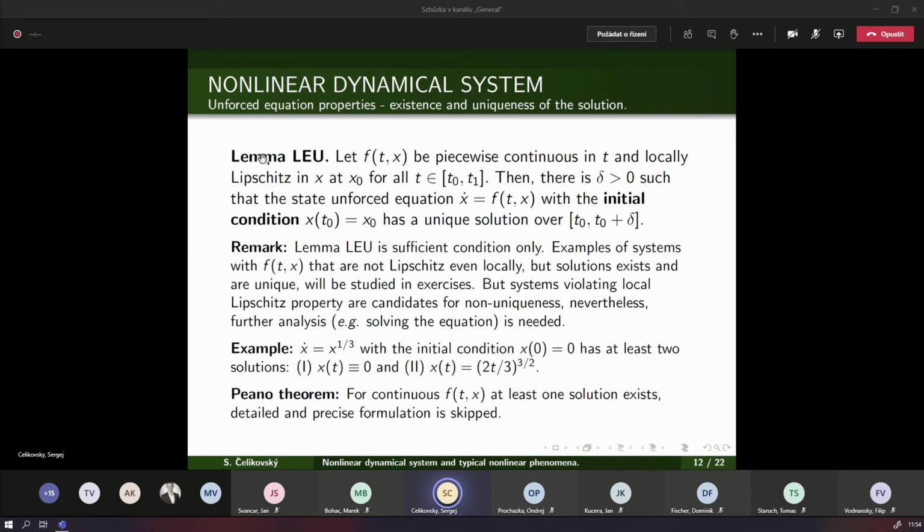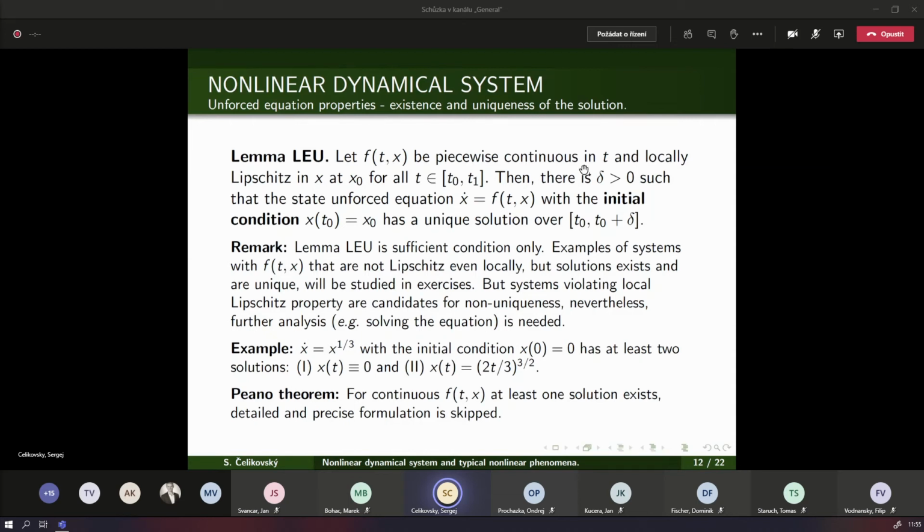The very first basic lemma is that if f(t,x) is piecewise continuous and locally Lipschitz around some point x0 for all t from some time interval [t0, t1], then there exists delta greater than 0 such that the unforced state equation with initial condition x(t0) = x0 has a unique solution over this small time interval.